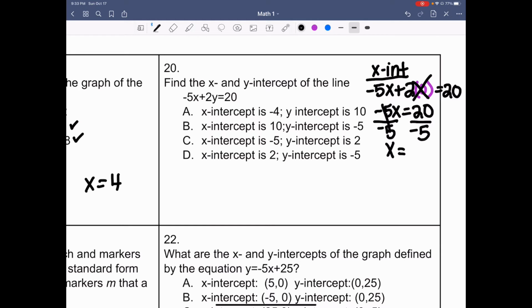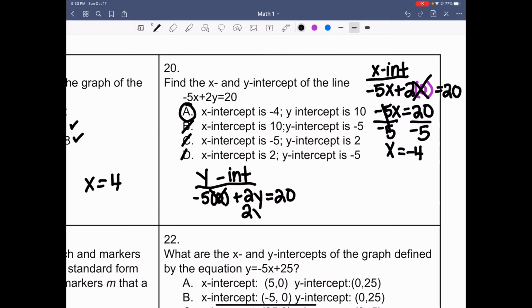And x equals negative 4. Now, if we look at our options, none of these actually work, so A is the correct answer. And of course, you could do the same thing for the y-intercept. So for my y-intercept, if I plug in 0 for x, plus 2 times y equals 20. So 2y equals 20, which we divide 20 by 2, that does equal 10.